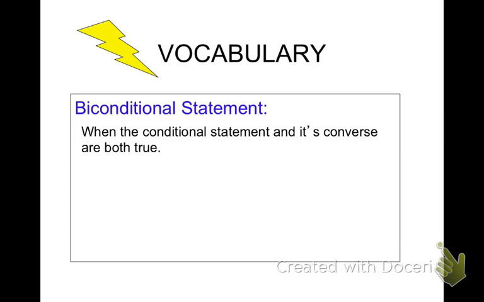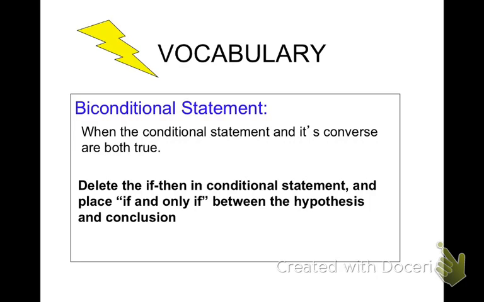When that happens, this is what you're going to do. So this is how you write a biconditional statement. So write this inside the box. You are going to delete the if and the then. Physically remove the words if and then from the conditional statement.